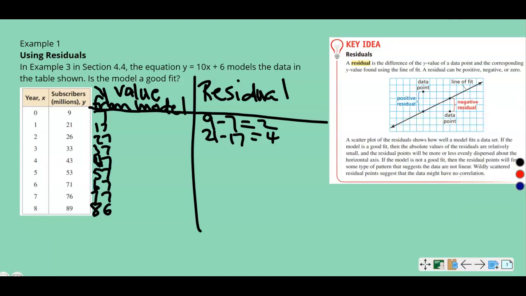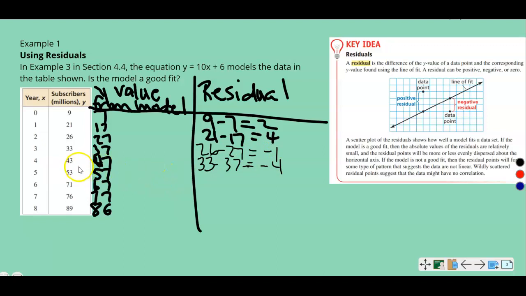All right, let's see, we were at 26 minus 27, so -1. 33 minus 37, so that'd be -4.